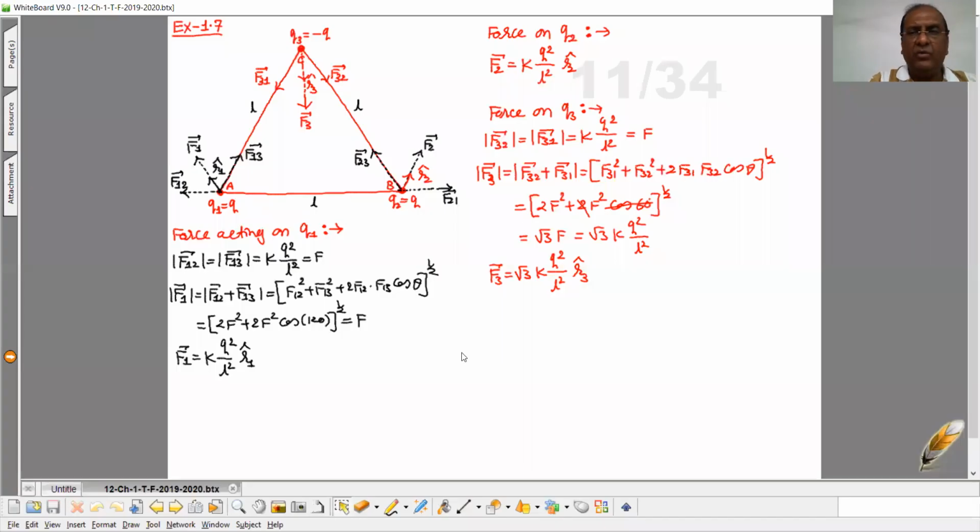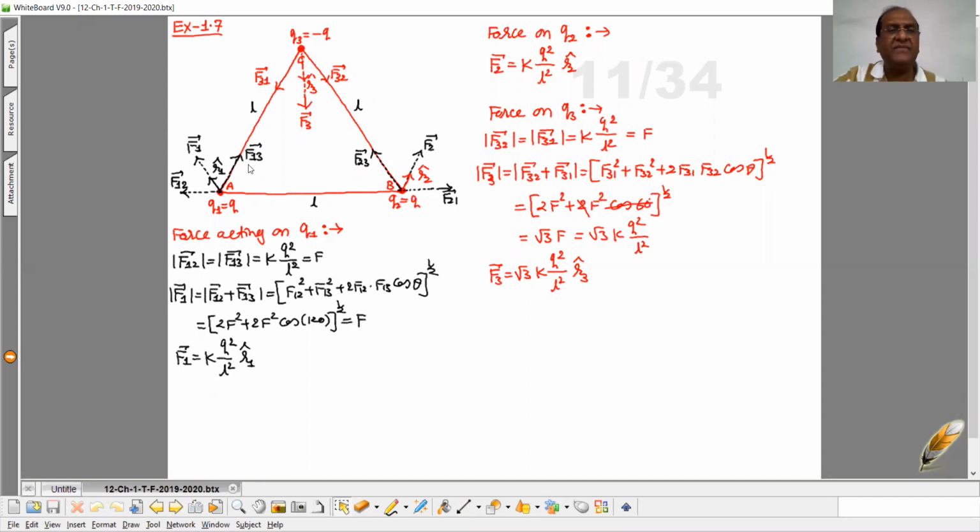Now example 1.7. Consider the charges Q, Q and minus Q placed at the vertices of an equilateral triangle as shown in the figure. What is the force on each charge?